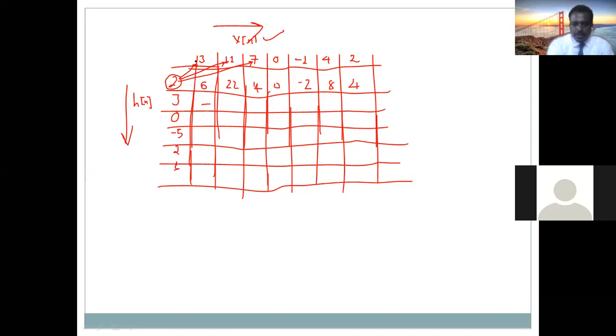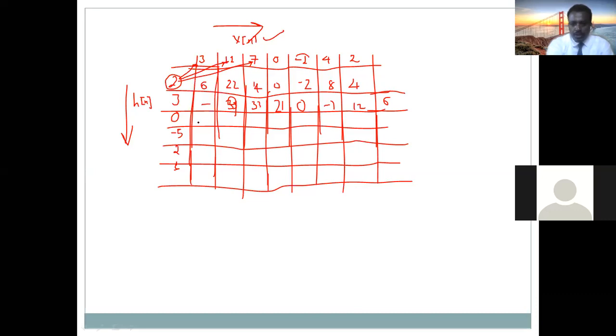Then again multiply 3 times 3, 9, right? 3 times 11, 33. 3 times 7, 21. 3 times 0, 0. 3 times minus 1, minus 3. 3 times 4, 12. And 3 times 2, it will be 6. That is the second step.